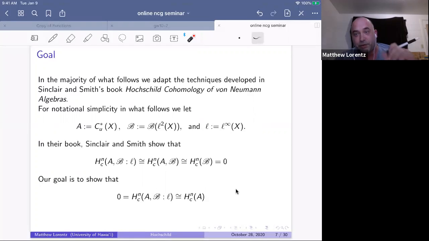bounded sequences over X. And in their book, Sinclair and Smith show that the continuous Hochschild cohomology of maps from the uniform row algebra to the bounded operators that are L infinity multimodular, and I'll talk about multimodular in a moment, are isomorphic to the Hochschild cohomology of multilinear maps from the uniform row algebra to the bounded operators, which in turn is isomorphic to the continuous Hochschild cohomology of the bounded operators to themselves.